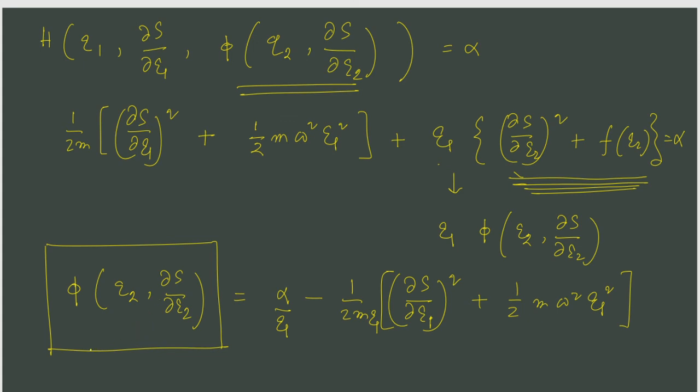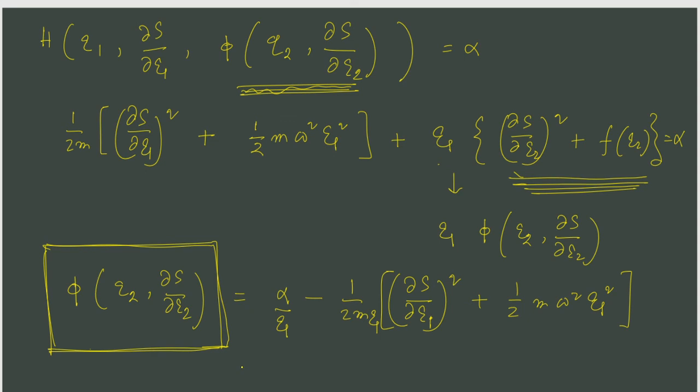So in that case, this would be a constant. Now, if we have in the Hamiltonian a function involving a particular generalized coordinate such that it can be separated out from all other coordinates, then we can demand that this function has to be constant.